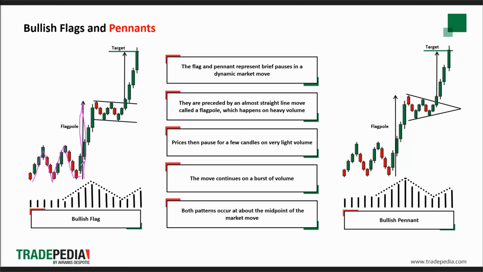Sometimes this price action can be represented by the three white soldiers or the three black crows. Sorry, we are talking about bullish, so we just focus on the three white soldiers. This flagpole sometimes can be seen together with the three white soldiers.